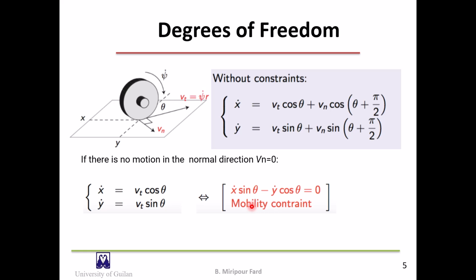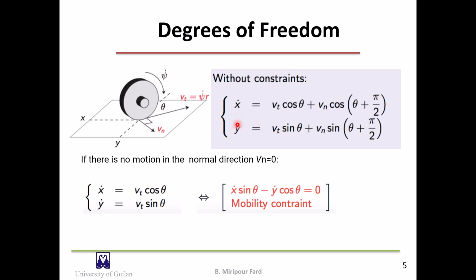Let's express this constraint mathematically. If the wheel does not impose any constraints, we can get the speed of the projection of the center of the wheel on the ground with these relations in an inertial coordinate system. Here are the components of the coordinate system, x and y, and you can see here the x dot and y dot.